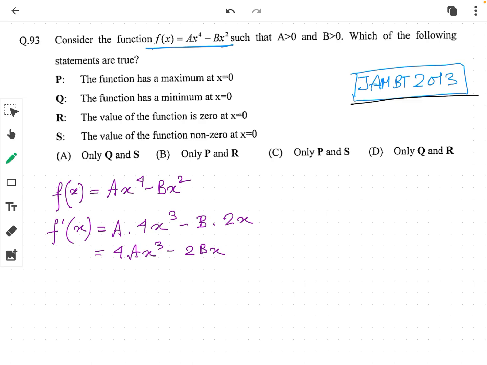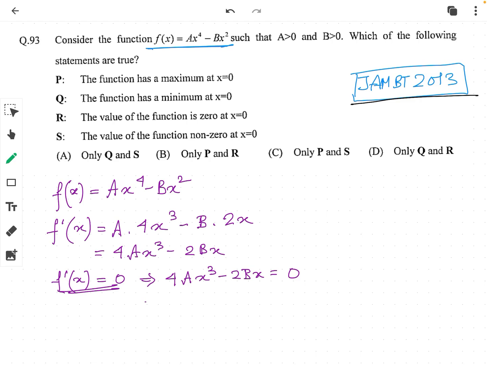Now we need to equate f prime x with 0. So it will give us 4ax cube minus 2bx equal 0.